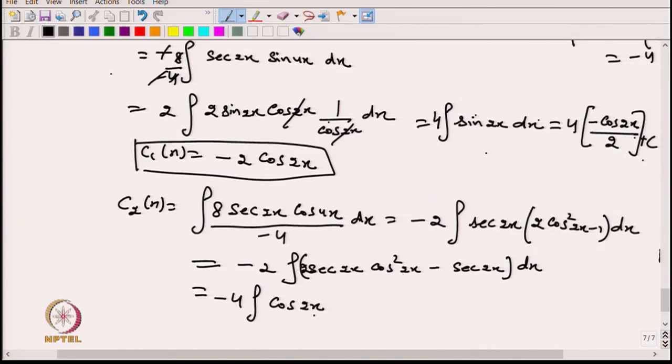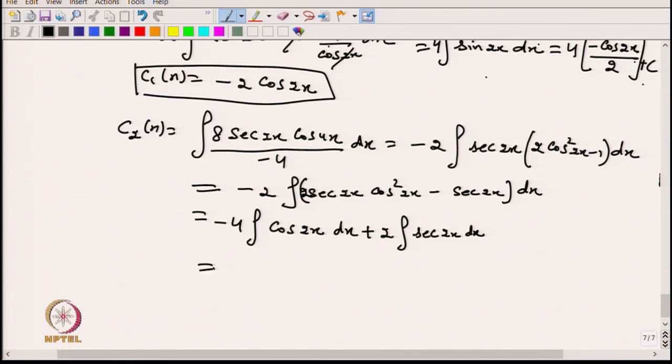So, cos 2x will cancel out, and you will get cos 2x here, dx, minus the integration of secant 2x dx.